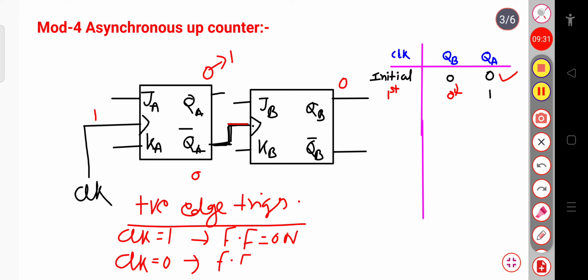Off condition means it will store its previous value. I have already discussed it briefly in the first part of the counter. So when I give 0 to the second flip flop, it will be in the off state. That's why the value of QB is 0.